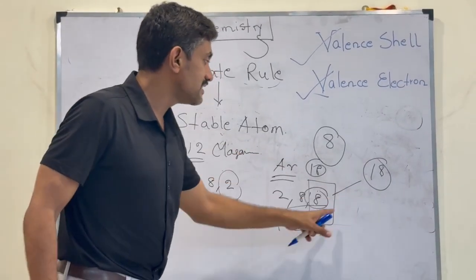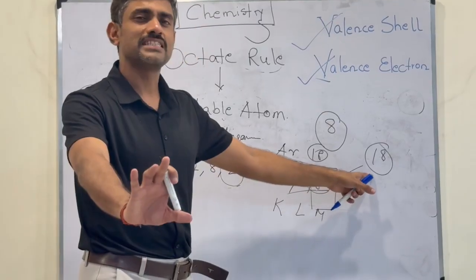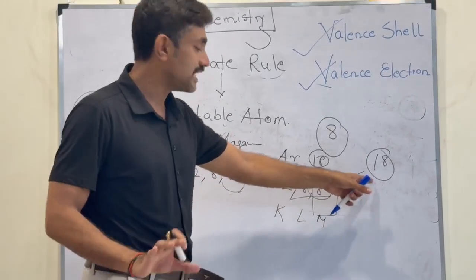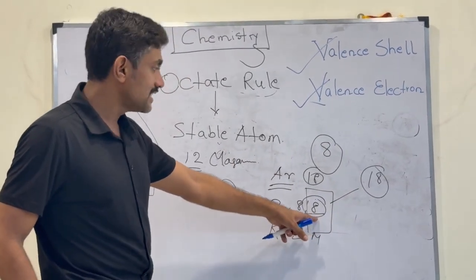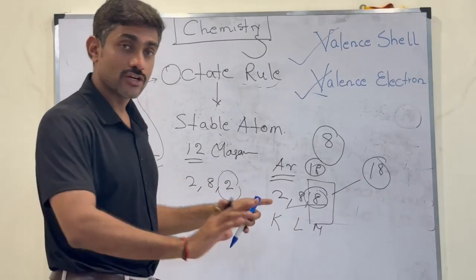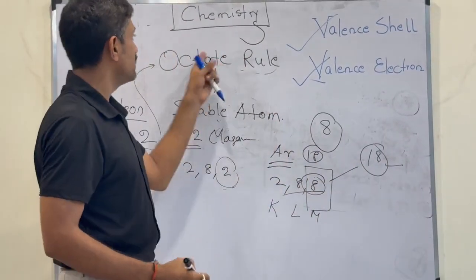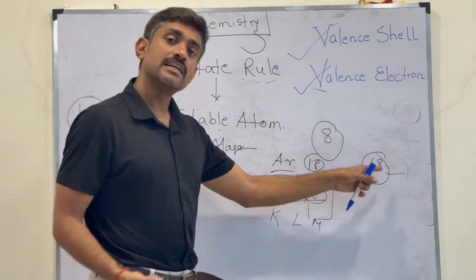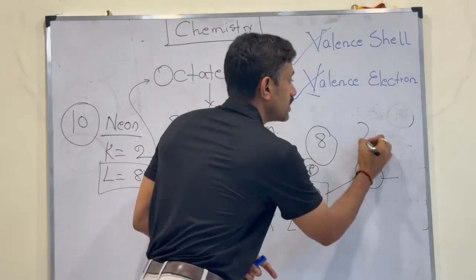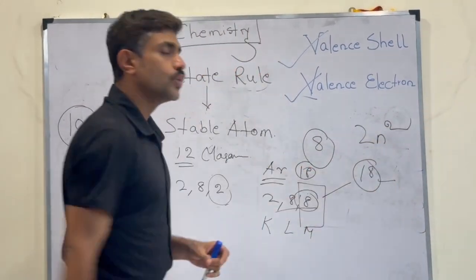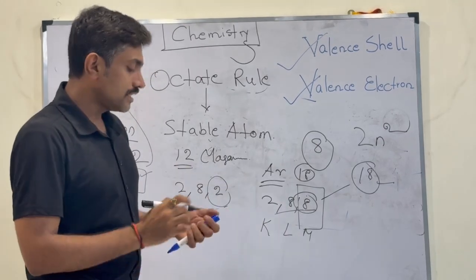So this is different, okay? 18 is the maximum capacity of electrons in that particular shell. But if we have 8, then it is a stable atom. So don't get confused between 18 and 8. 8 is as per the octet rule and 18 is as per Bohr's theory, which comes from 2n squared.